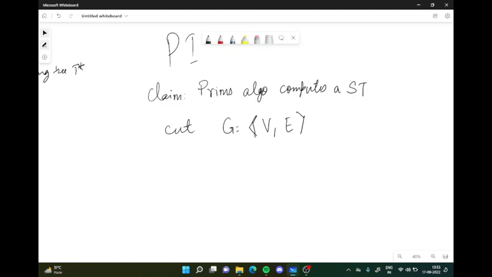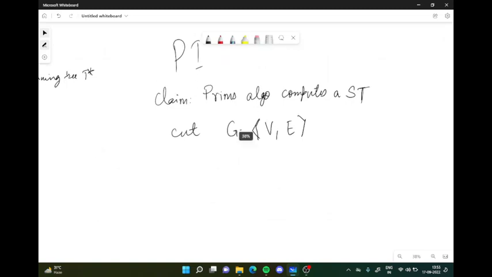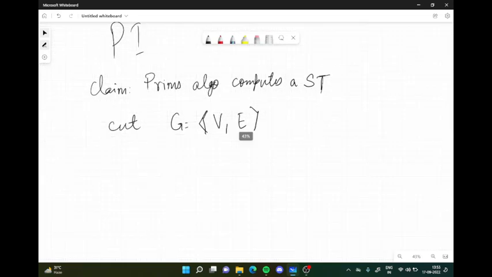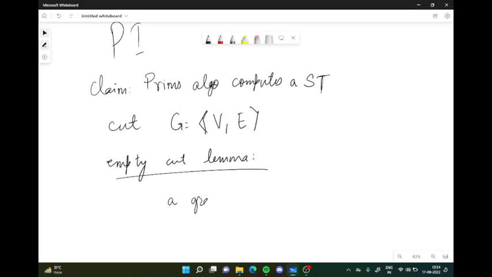Okay. So in order to prove that Prim's algorithm computes a spanning tree, we're going to build some building blocks. And the first of those building blocks is the empty cut lemma. What does this lemma say?